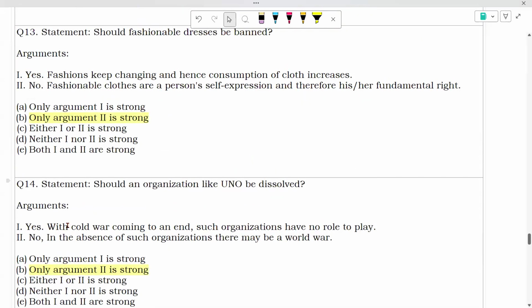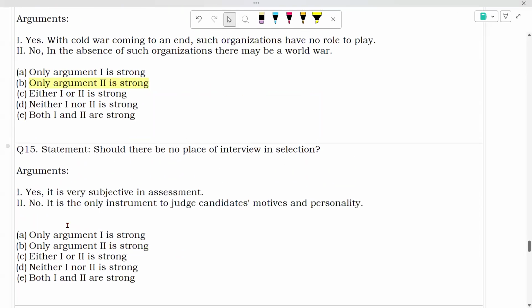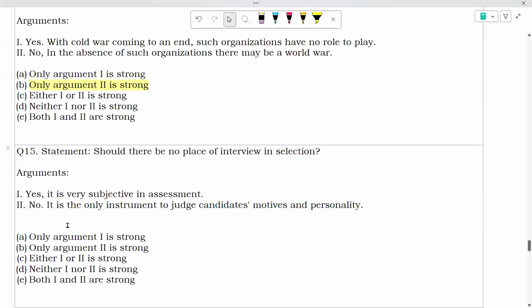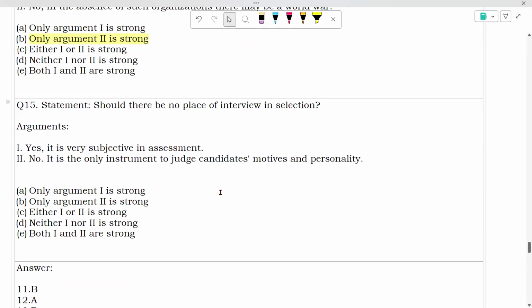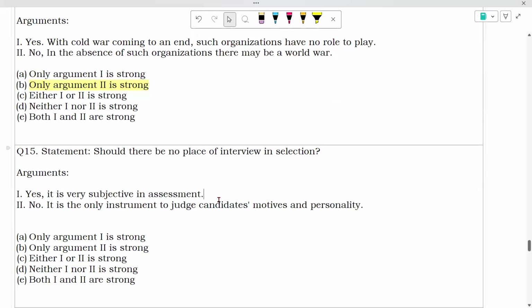Come to the 15th. The statement is, should there be no place for interview in selection? Yes, it is very subjective in assessment. Think. See what I said. There is this development which has happened from whatever TISNET to CVT.